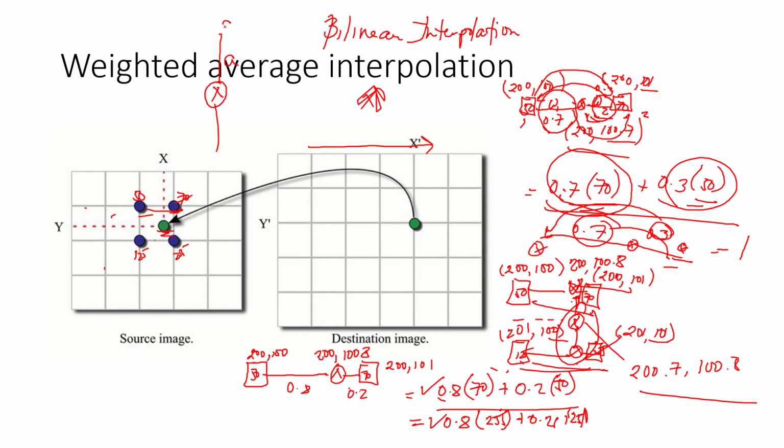So let's name this point as A, and this one is, let's say, B. Then our original perspective from our point is 200.7, then 100.